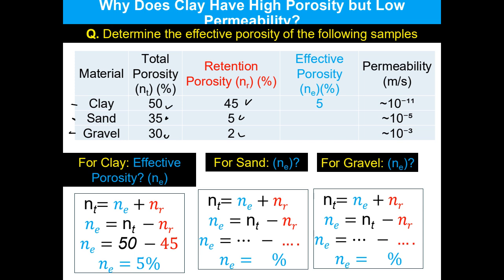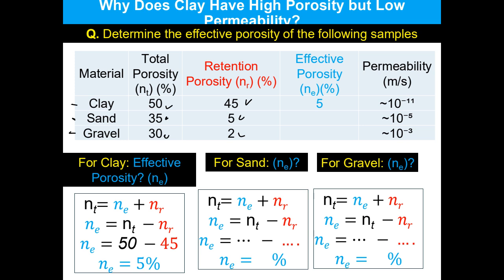So you write the equation. N total, porosity total, equals effective porosity plus retention porosity. Then to find Ne, you put Ne equals Nt minus Nr. Effective equals total minus retention.